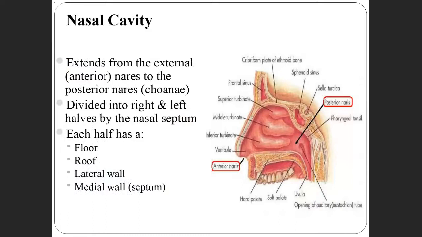Next. Today in the lab we will see this nasal cavity. What is the importance of this nasal cavity? It is a very important structure in the nose because most of the openings.